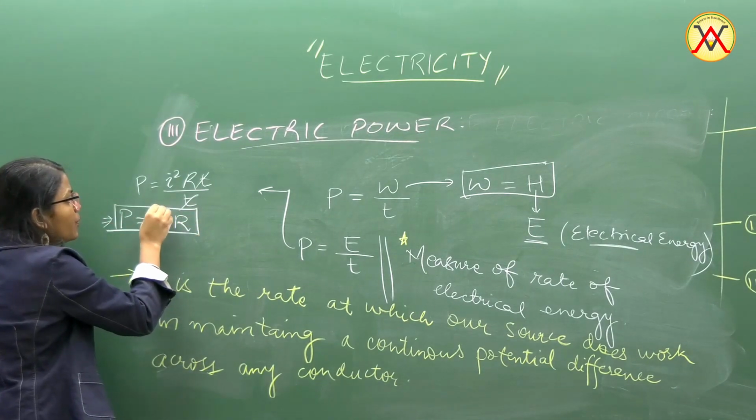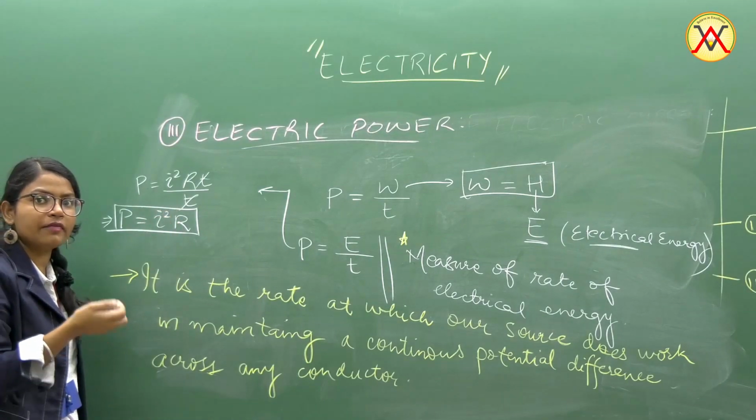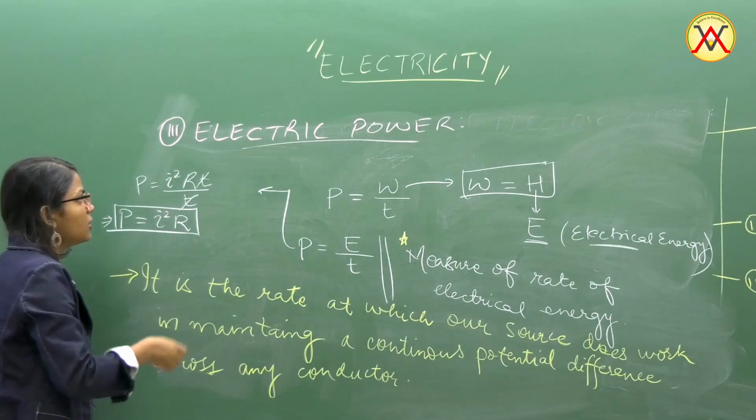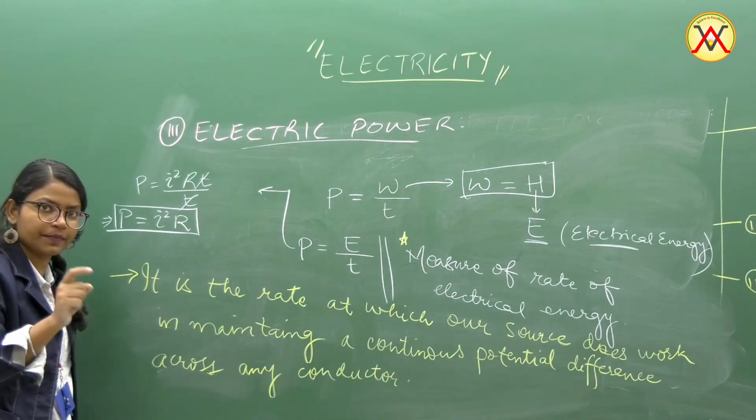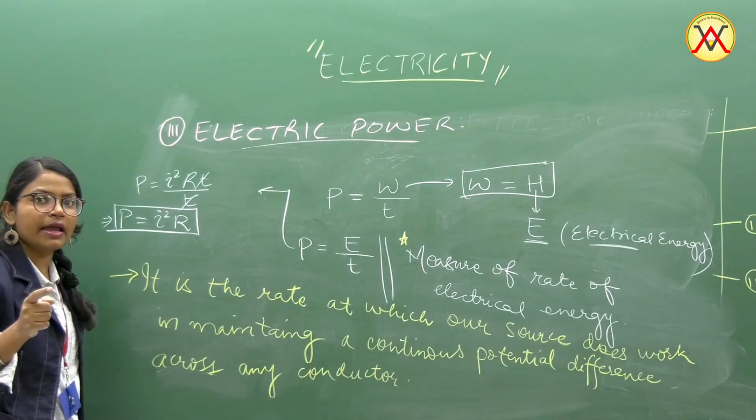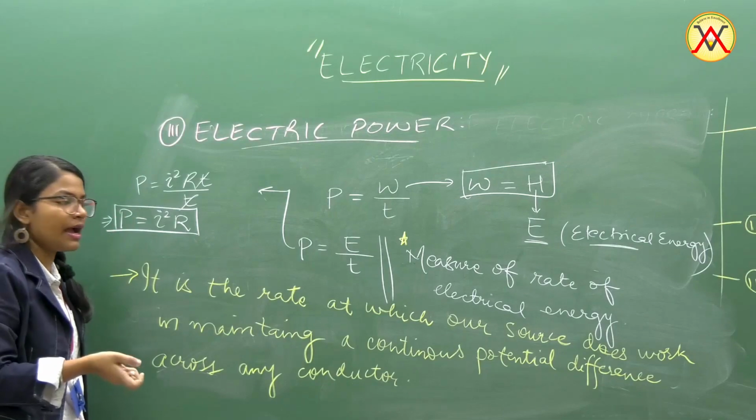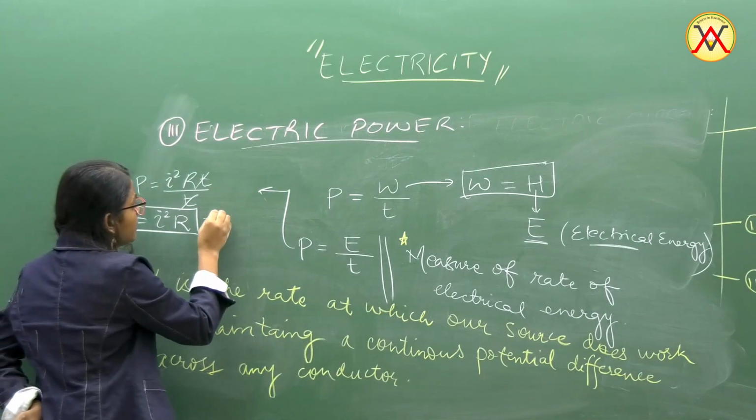But there is one more equation that we get for power using our Ohm's law relation. V equals IR, so I equals V by R. Substitute it here.